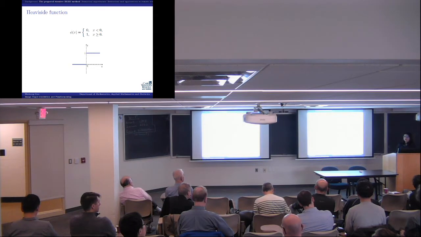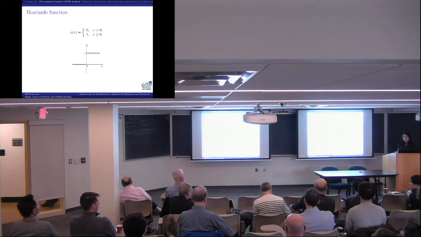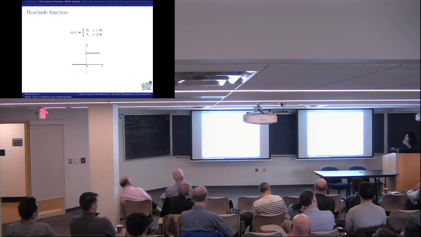So over here, because we already have an RKHS space which takes care of the smooth components very well, we're going to explicitly represent edges. So we're going to borrow the Heaviside function. People are very familiar with it.